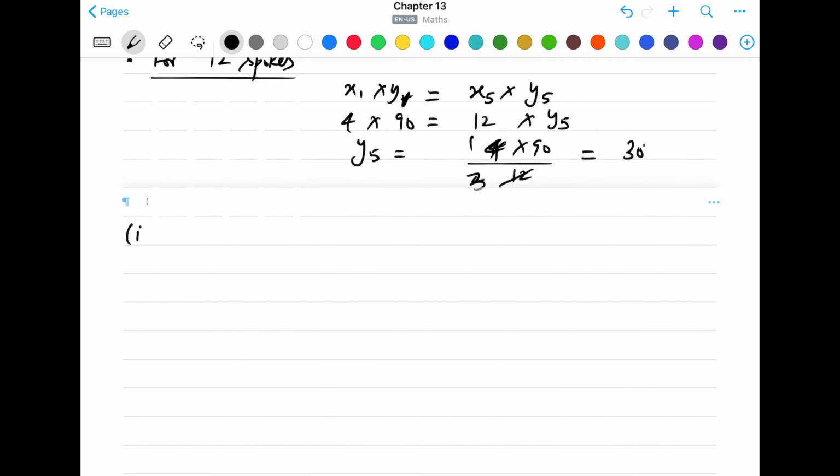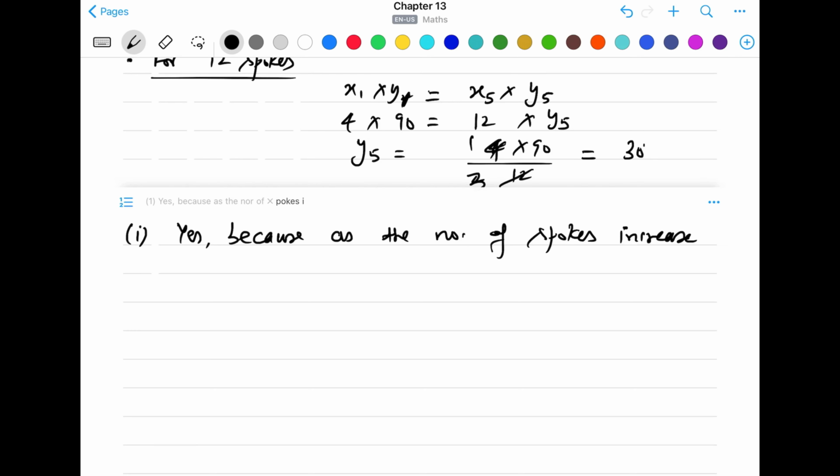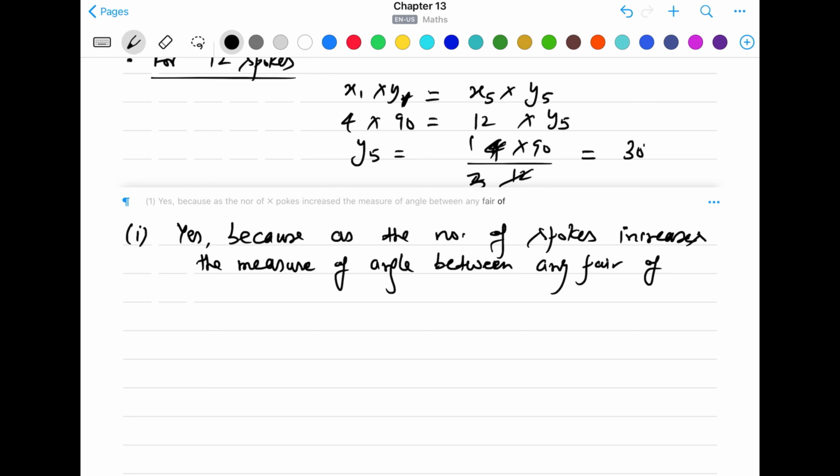So the answer for this one is yes, because as the number of spokes increases, the measure of angle between any pair of consecutive spokes decreases.